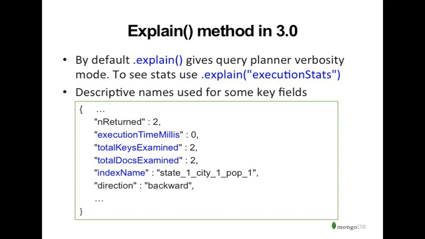This is more meaningful and more intuitive to someone doing this exercise. I'm examining two keys, I'm examining two documents, instead of having to decipher what nscanned and nscannedObjects mean. And it also has a clear index name in lieu of the cursor that we saw before.